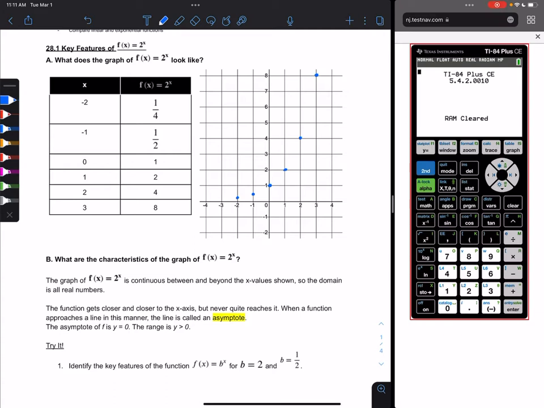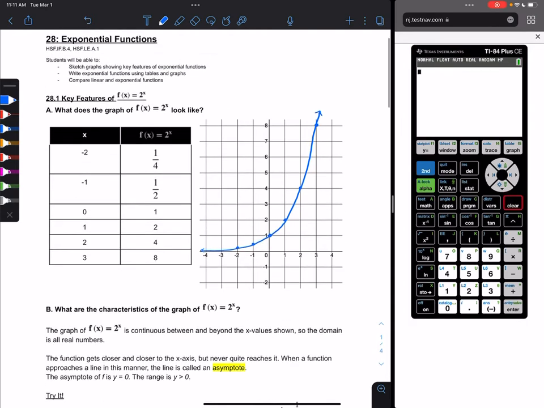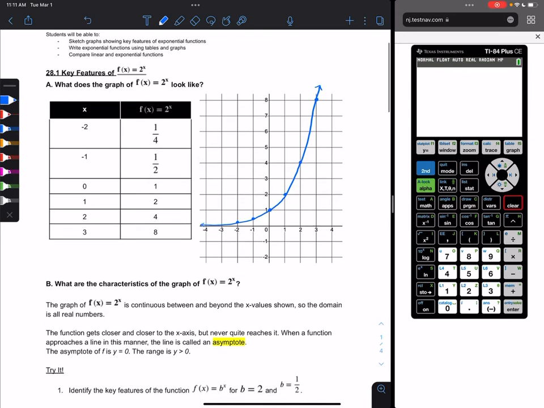If I was to connect these points, I might have something that looks like this. I'll try to draw this as accurately as we can. All right, that'll be good enough. In the past, we've looked at linear functions where we had a straight line, something like y equals mx plus b. Here we're looking at exponential functions, so there's going to be a curve in our graph.